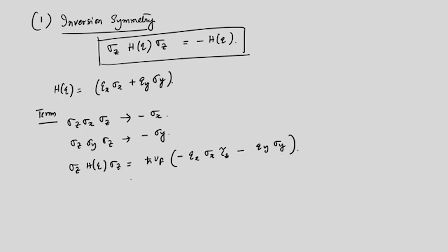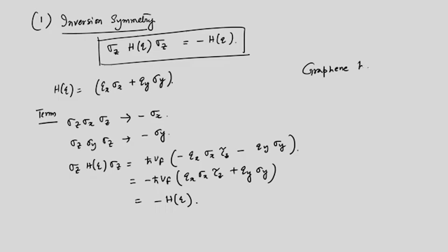And the minus sign can be easily taken out, and then we have a qx sigma x gamma z plus a qy sigma y, which is nothing but equal to minus h of q. Okay. So, graphene has inversion symmetry.